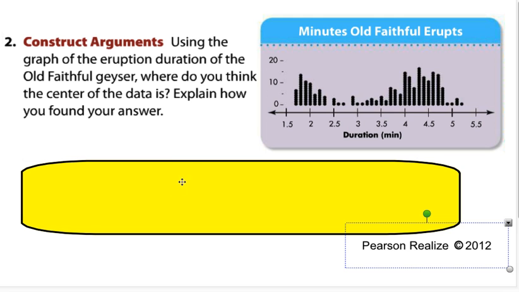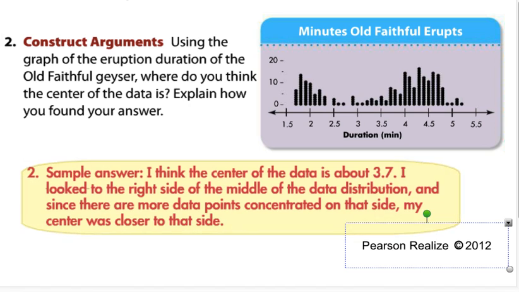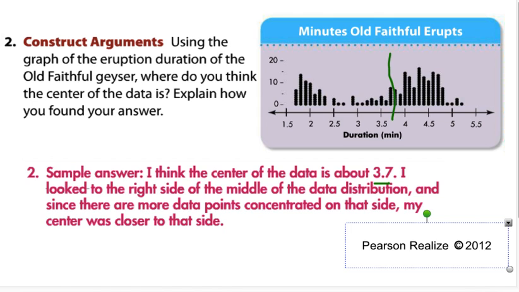Alright, the correct answer in this case, or one consistent with what you're being asked, I think the center of data is about 3 7/10. Okay, so about 3 7/10 would be the center of the data. Right about in there somewhere is the center of the data. I looked at the right side of the middle of the data distribution, and since there are more data points concentrated on that side, my center was closer to that side.